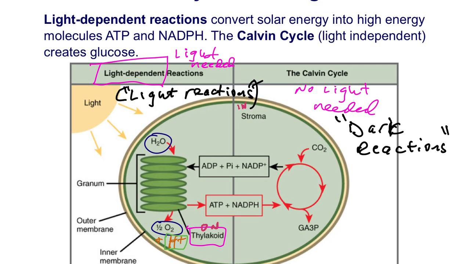So here, this is supposed to be the chloroplast, this big oval thing. There's a granum with the thylakoids in it. And that's where NADP and ADP are energized.